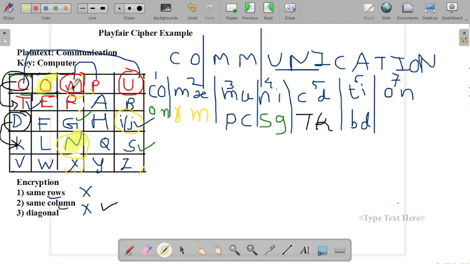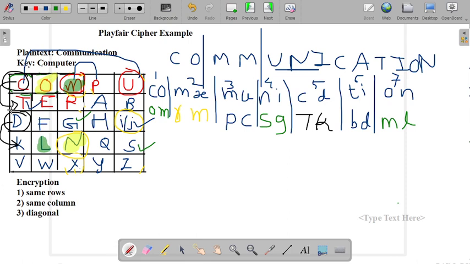So whenever characters are in the diagonal, at that time we apply the third rule. And in the third rule, what is given? We have to take the character from that row. So for O, we can write M, and for N, we can write L. So this is our ciphertext for communication.